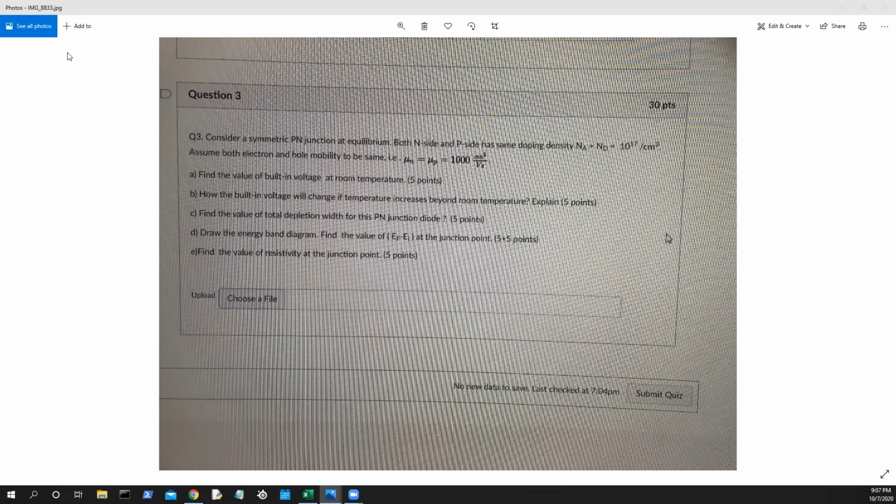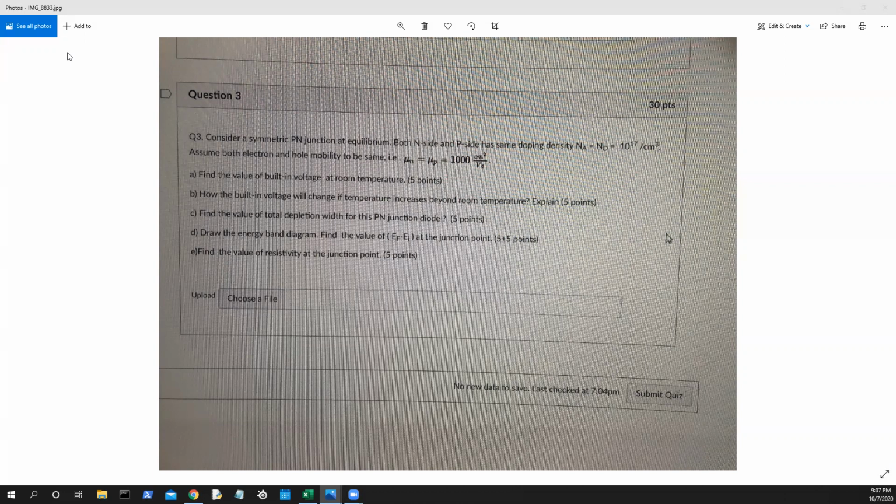You did 2 times the epsilon value, right? Yes, divided by Q, 10 to the negative 19, square root. Yeah, I did square root it and it got me the 12th number. There's definitely a discrepancy on my part somewhere. I did whatever he had down for epsilon, 11.8 times 8.85 times 10 to the negative 14.